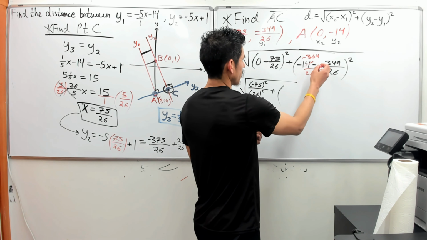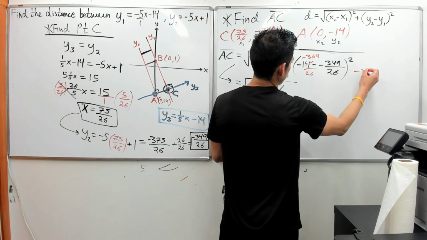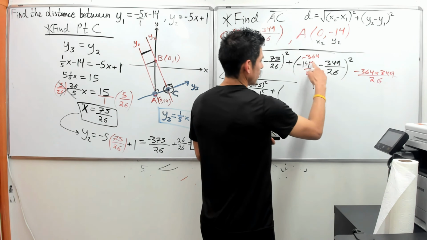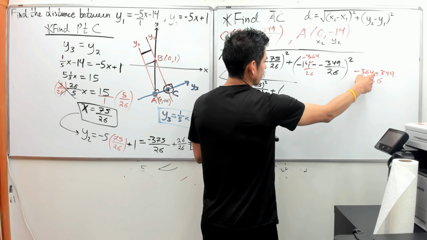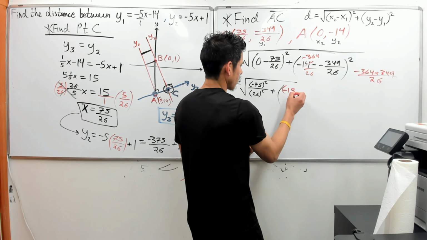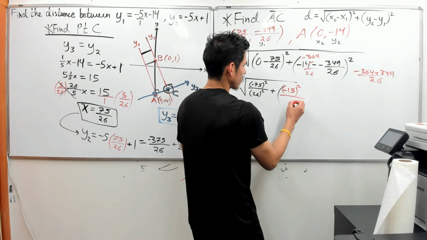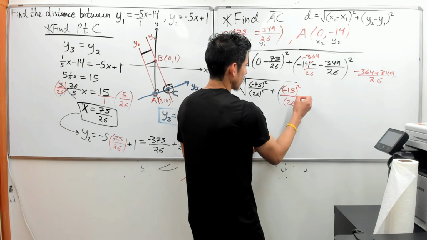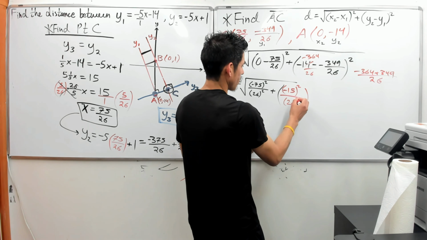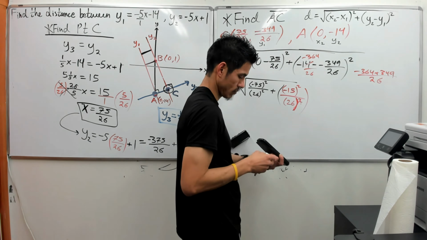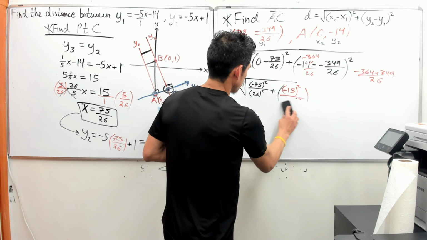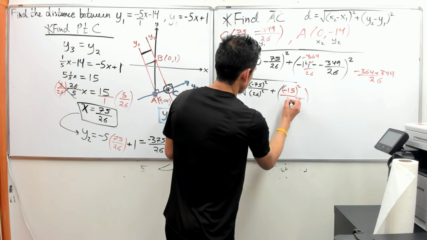So negative 364 minus minus becomes negative 364 plus 349 over 26. Using fractions, we have negative 15 over 26 squared, over 26 squared.